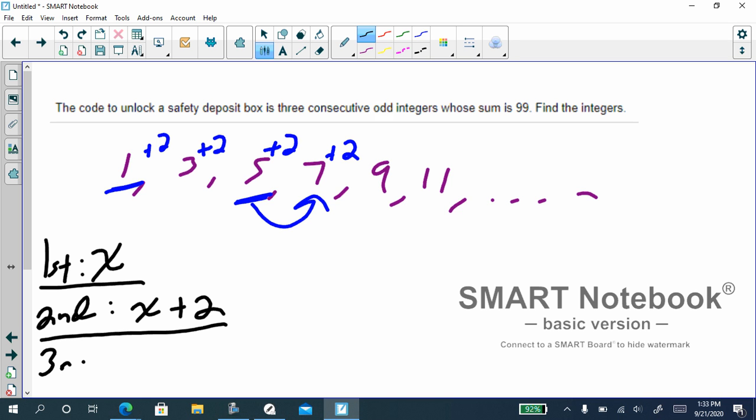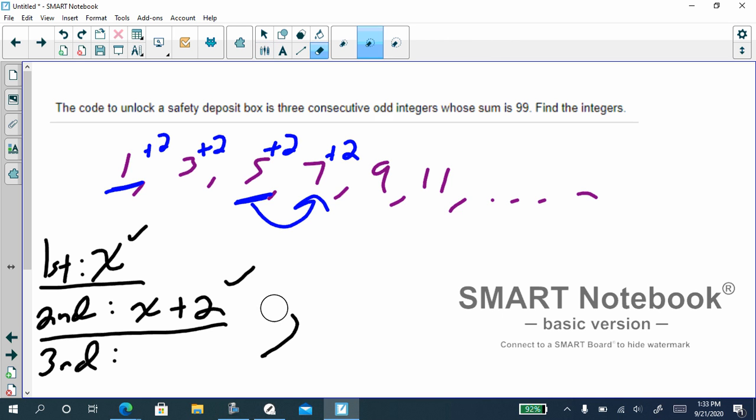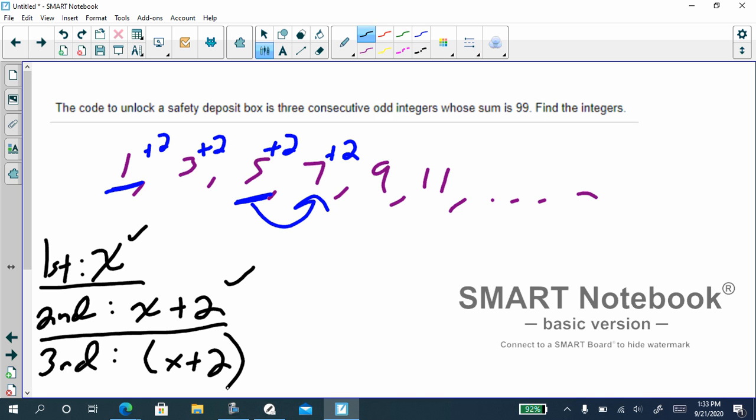The third number is the next odd number. So if this is the first and this is the second one, the third one is 2 more than the second one. So if the second odd number is x plus 2, 2 more than that would be plus 2 more, or we could call that x plus 4.